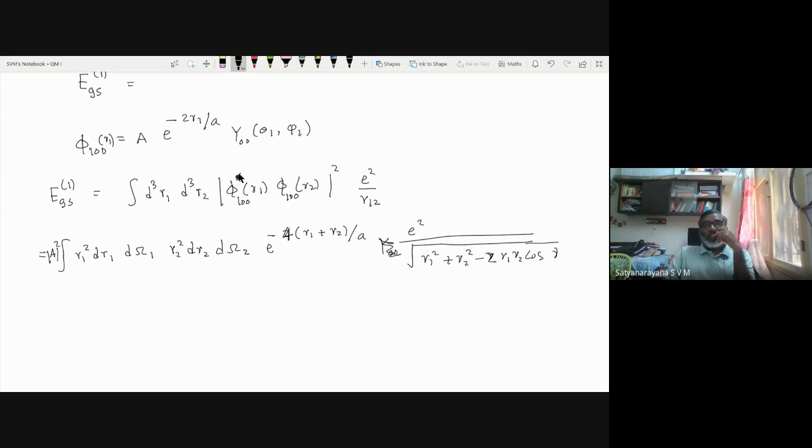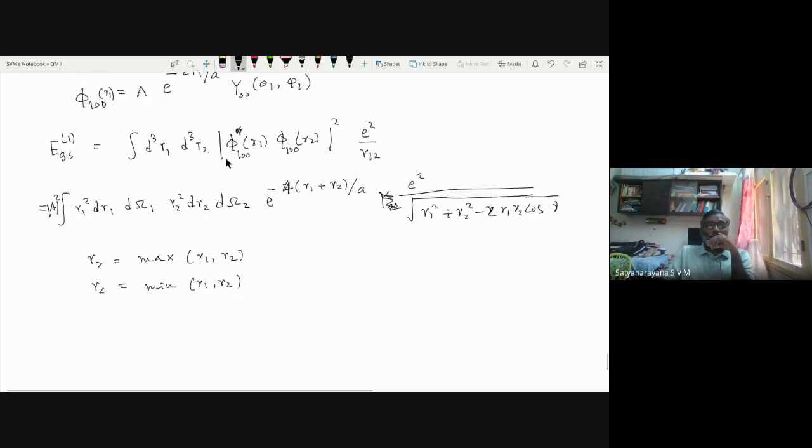Correct? Where gamma is the angle between R1 and R2. Okay, so now let us define this R large as the maximum of R1, R2 and R small as the minimum of R1, R2.